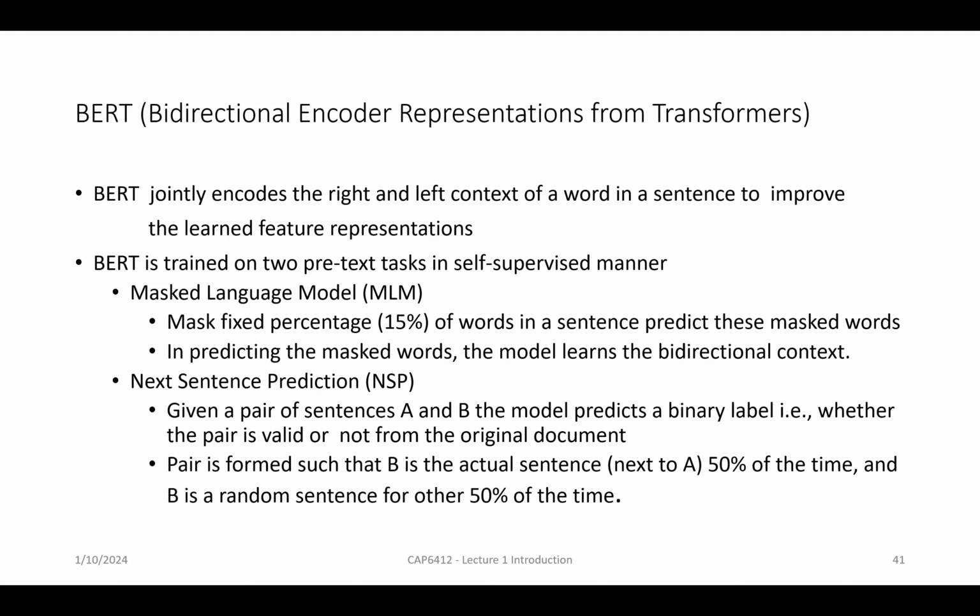The way we do it is that 50% of the time B is the actual sentence that follows A, and for the other 50% of the time B is a random sentence. That's the mechanism we have to learn these parameters.